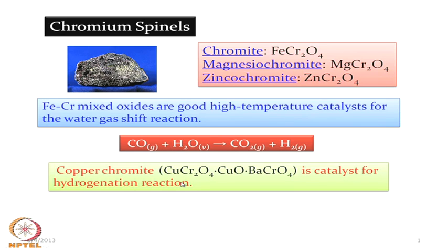So, how can we make this copper chromite formulation if it is not available in the native form in nature as a mineral or some ore? We can prepare this particular material by a solution state synthesis in the laboratory, to get some beautiful crystalline form or particular size or some nanoparticle type of molecules.